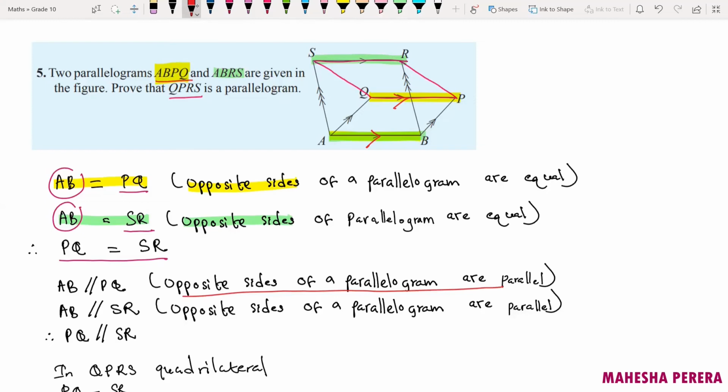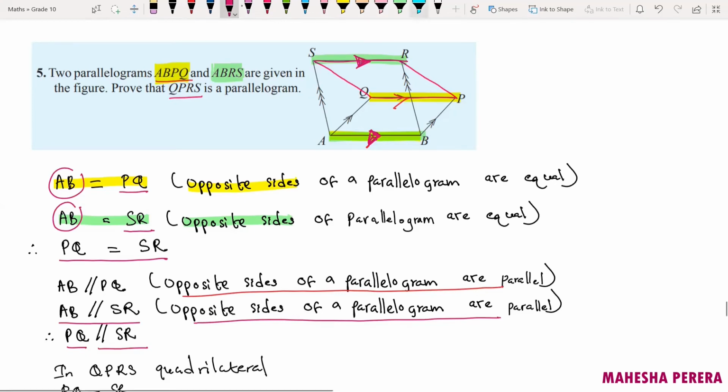And then again, if you consider this green color one, the parallelogram ABRS, side AB is parallel to side SR, right? So AB is parallel to SR, again the same reason. And then again you can say, therefore PQ is parallel to SR, right?